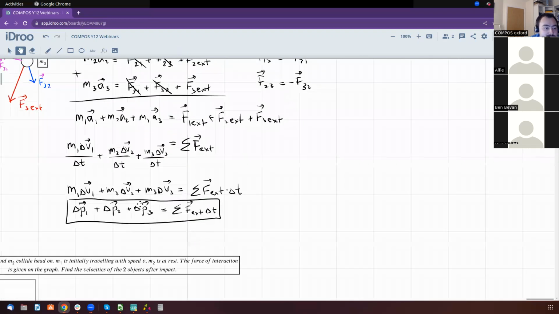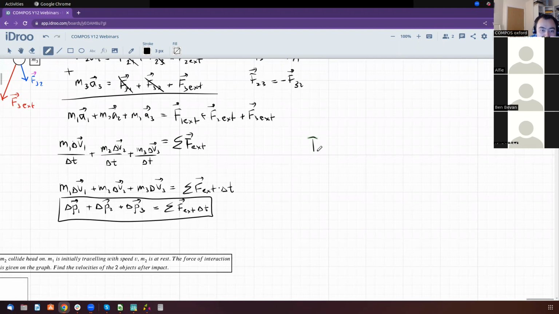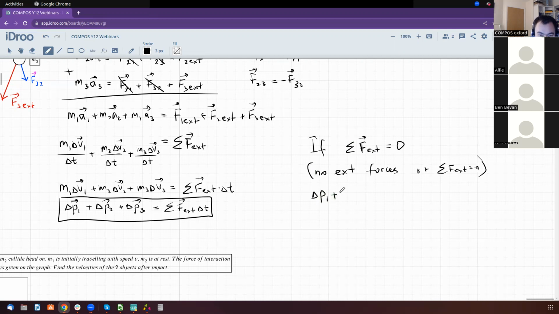And that means that if the sum of external forces is 0, so if there are no external forces or the external forces add up to 0, then the total change in momentum, delta P1 plus delta P2 plus delta P3, is 0.